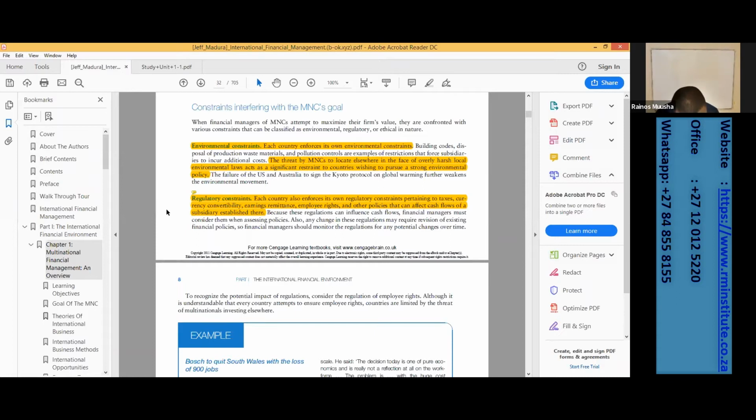So this is where you look at the different regulatory constraints in which the multinational company operates. If you still remember, I think it was a couple of years back when MTN was in trouble in Nigeria, where they were accused of transgressing on the flow of funds when they were remitting the profits to the parent company in South Africa.